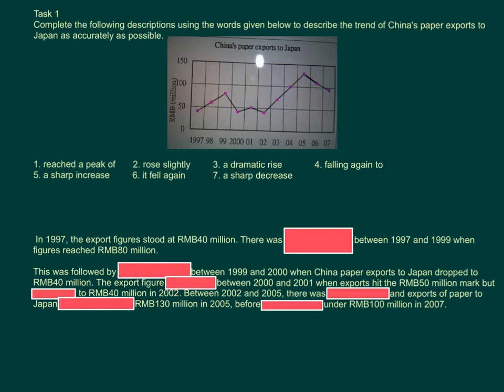descriptions using the words given below to describe the trend of China's paper exports to Japan as accurately as possible。咁大家可以做一陣先。好，咁我而家開估答案啦。咁如果大家未做完咧，可以 pause 咗佢，咁做完先再 play 翻都冇問題嘅。咁個答案呢就係 In 1997, the export figures stood at renminbi 40 million.